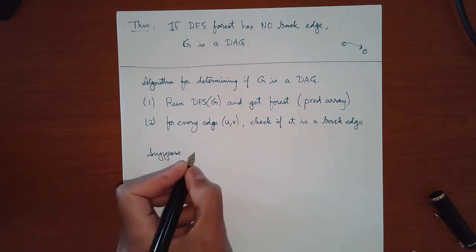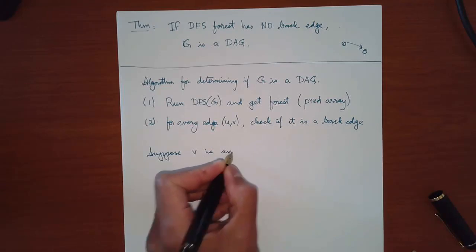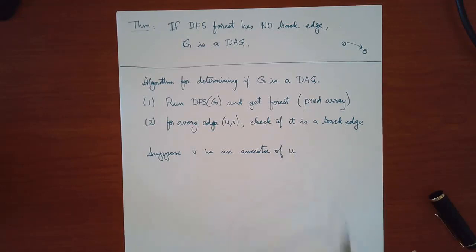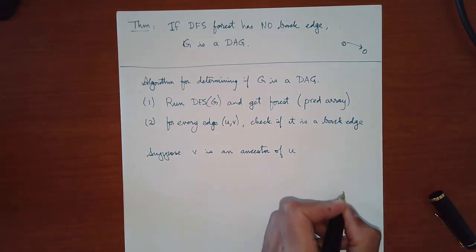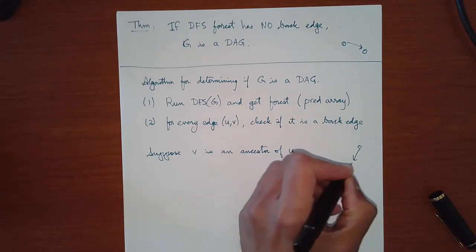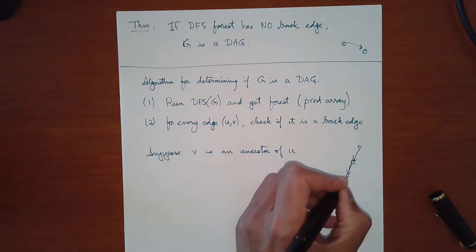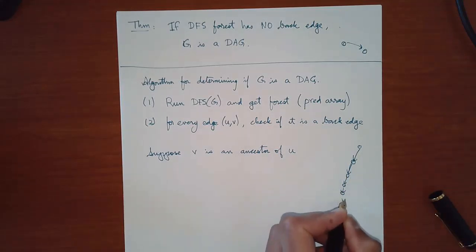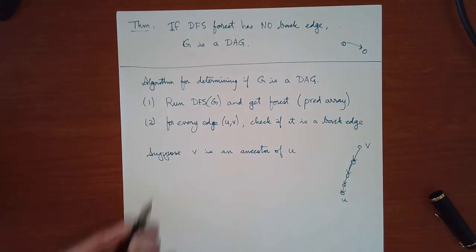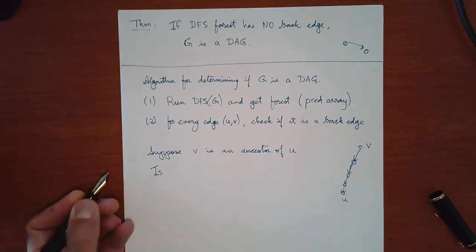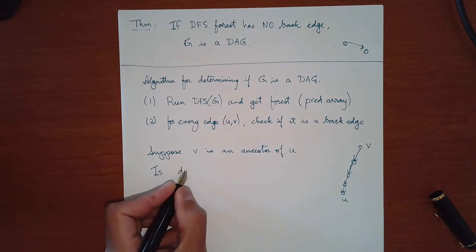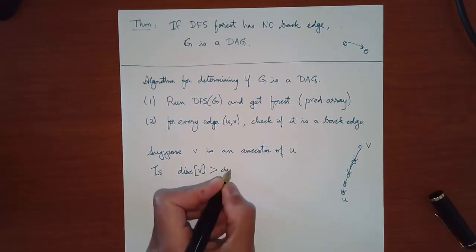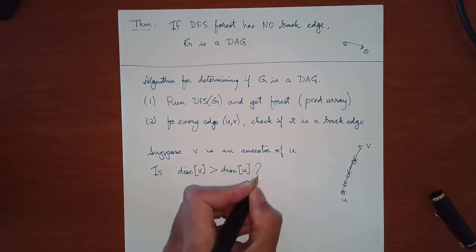Suppose V is an ancestor of U. So this is U, that's V. Is the discovery time of V greater than the discovery time of U?